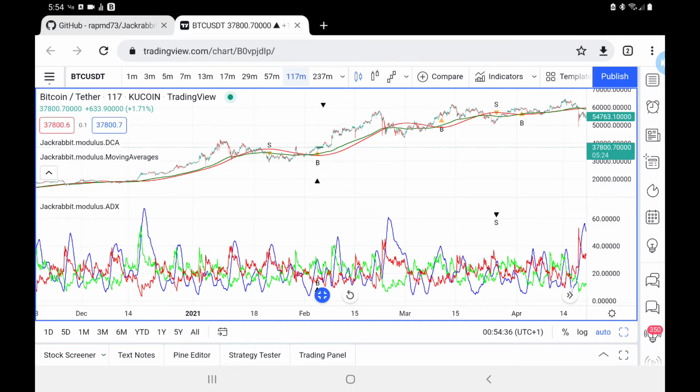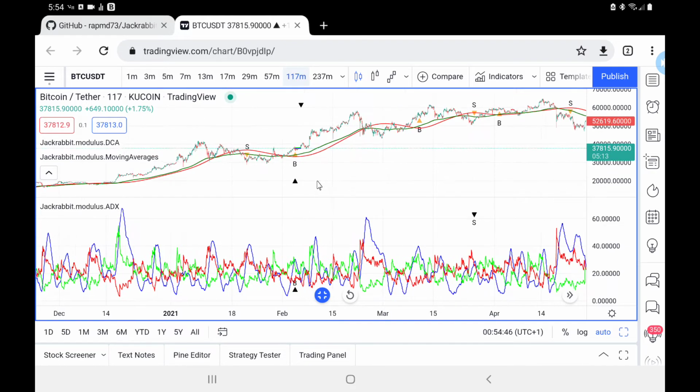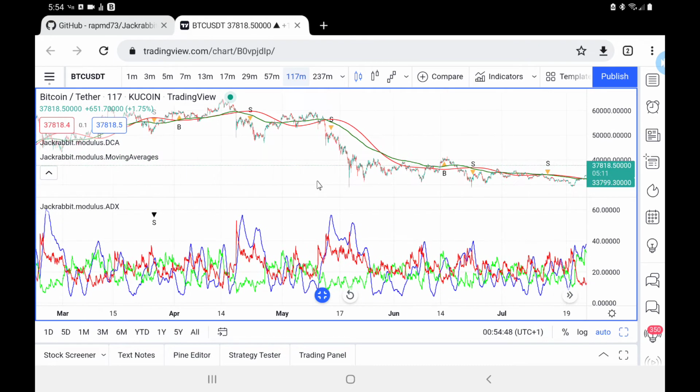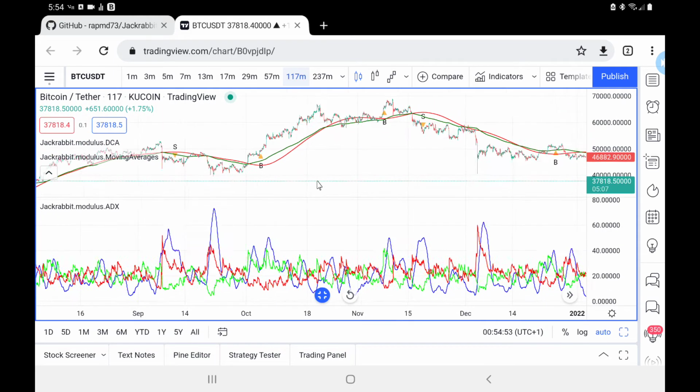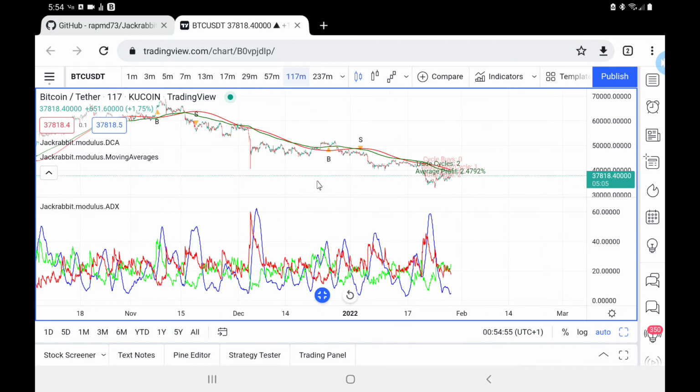So this one looks to be very conservative. Only found one good entry point in really a couple of months. Wow. Only one entry point for the whole year.